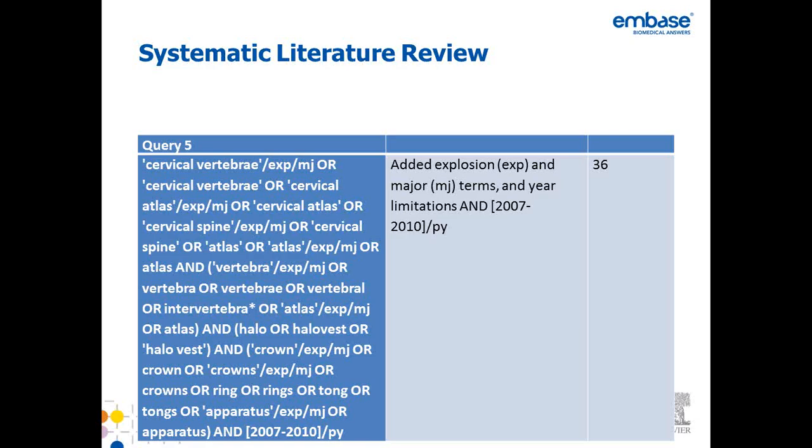So as indicated, the search was run in 2010, and since then there's been 15,000 more hits. So when you add search term limits, it significantly reduces the number of hits. And as you can see here, we have 36, all potentially usable articles for review and inclusion in your report.